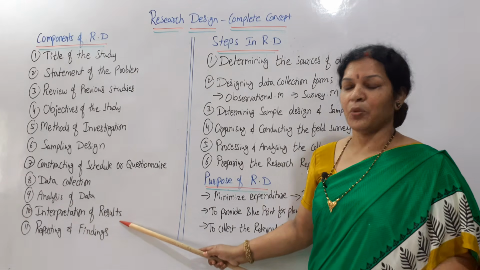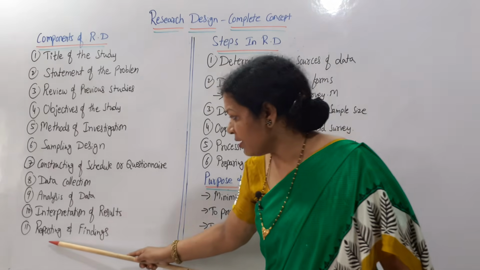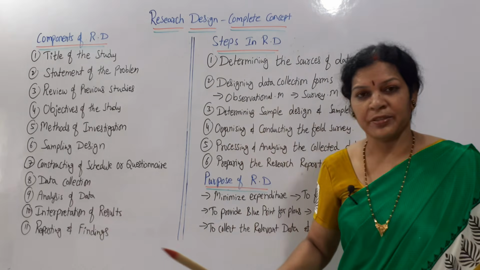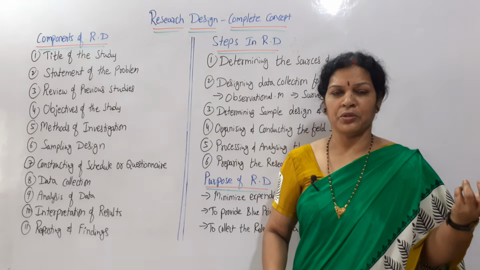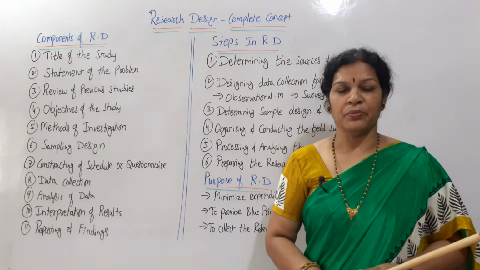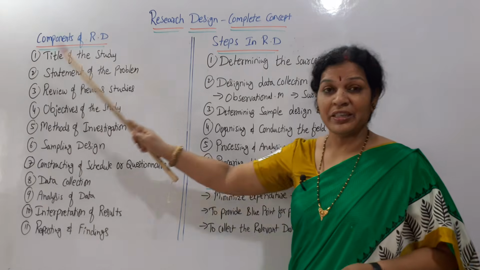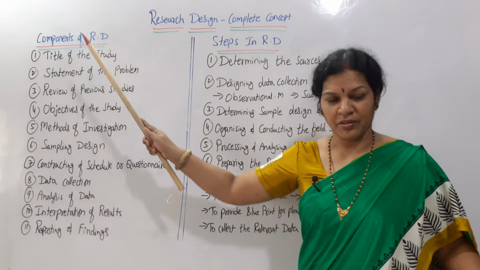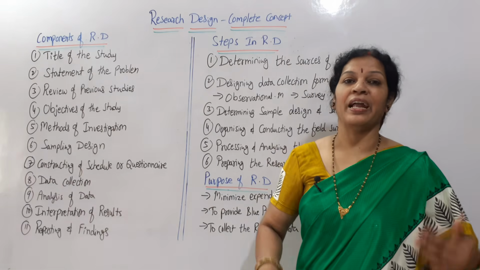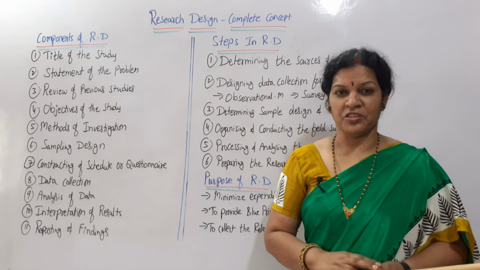Interpretation of results also over, then lastly it comes to reporting findings. Reporting findings means what suggestions he wants to give and what findings he finally found. Okay. So, that is all. These are the main components of research design. Whenever you want to prepare a research design, all these things you have to consider and construct or prepare the research design.